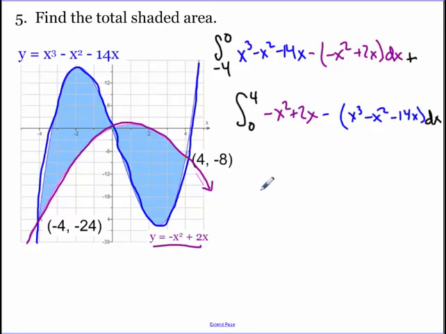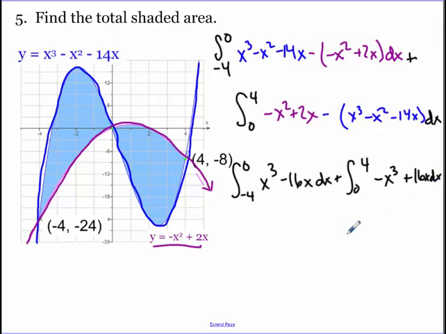Simplifying the top one, we get from -4 to 0 of x cubed minus 16x dx. And then we have our area under our curve from 0 to 4 of negative x cubed plus 16x dx.